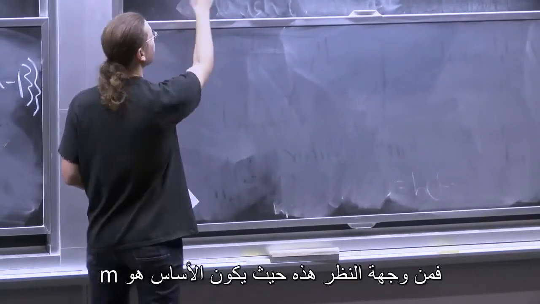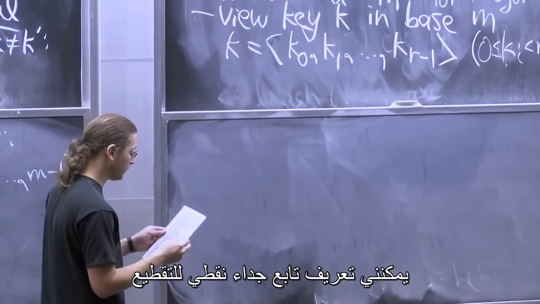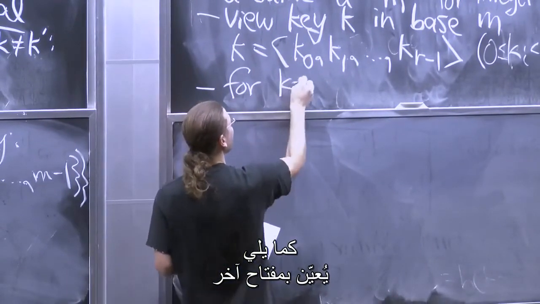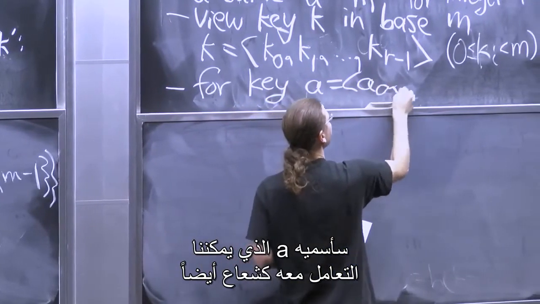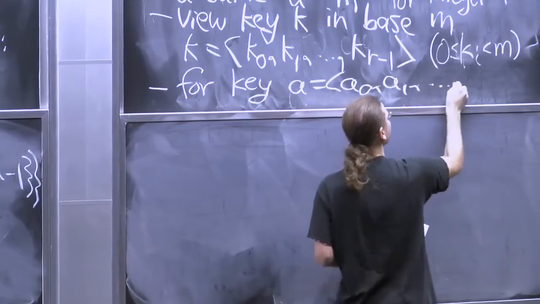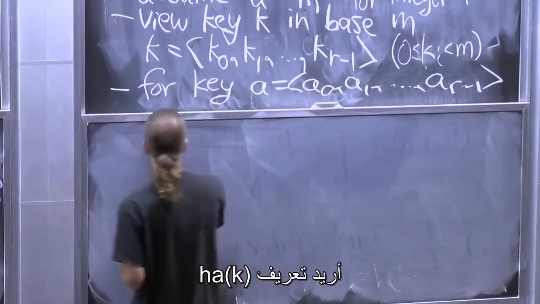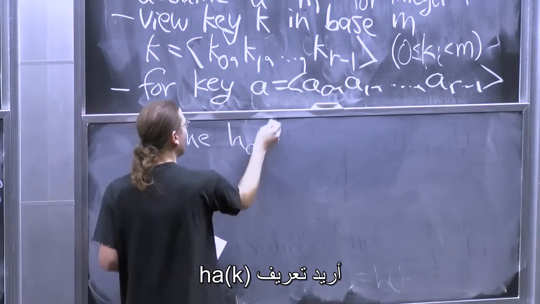So with this base m perspective, I can define a dot product hash function as follows. It's going to be parameterized by another key, I'll call it a, which we can think of, again, as a vector. I want to define h sub a of k.